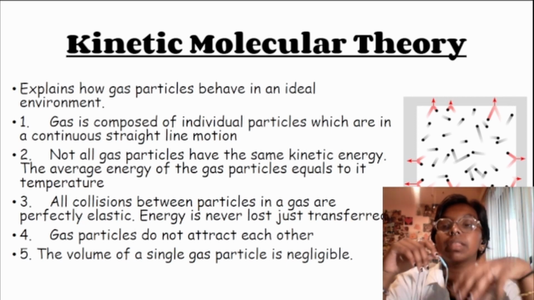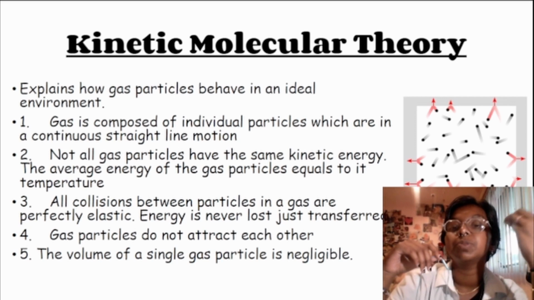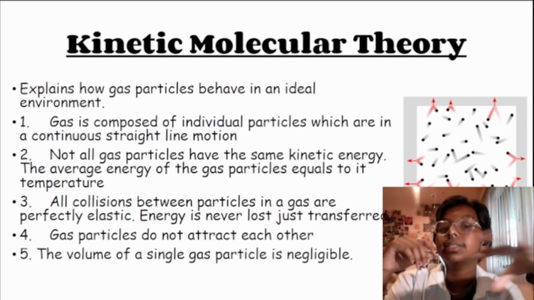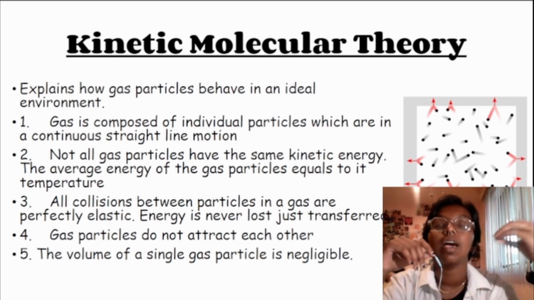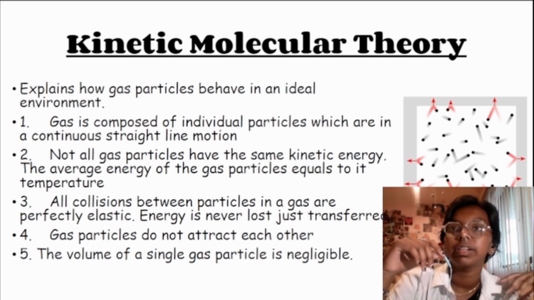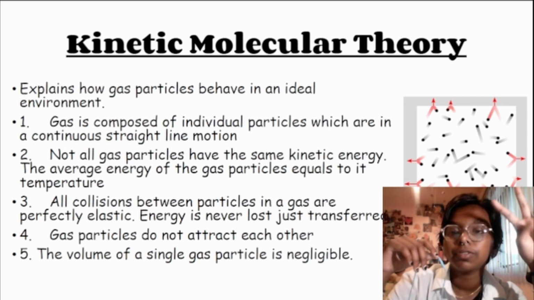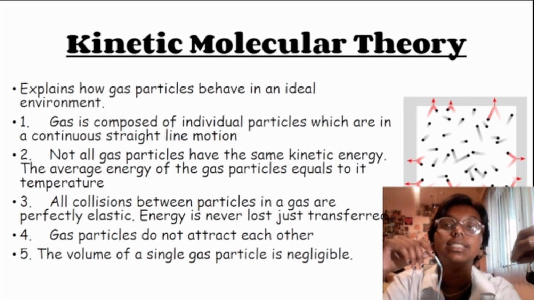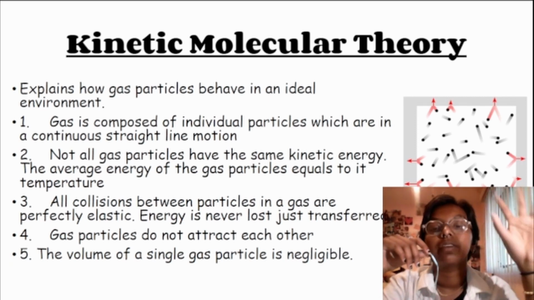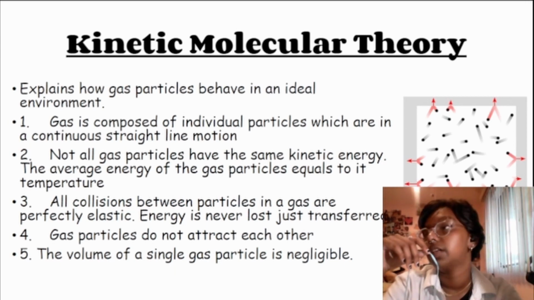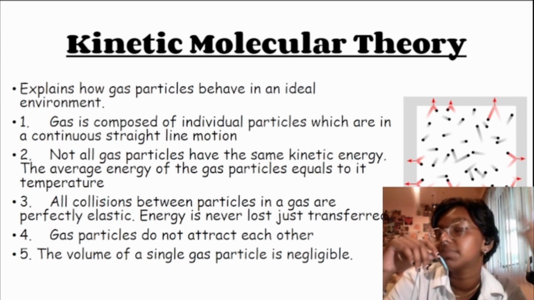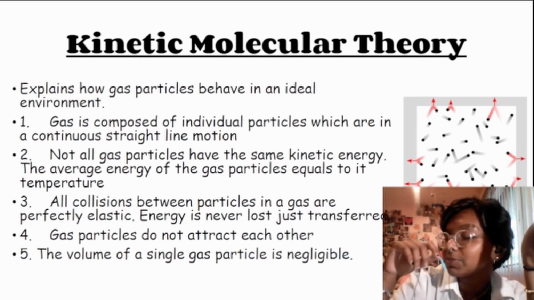Number 3 is that collisions between particles are always elastic. Energy is never lost. You have the same amount of energy before and after the collision. It's just that the energy gets transferred between the particles. Number 4 is that there is no attraction between the gas particles, and the volume of one gas particle isn't important. Just pretend it doesn't exist.